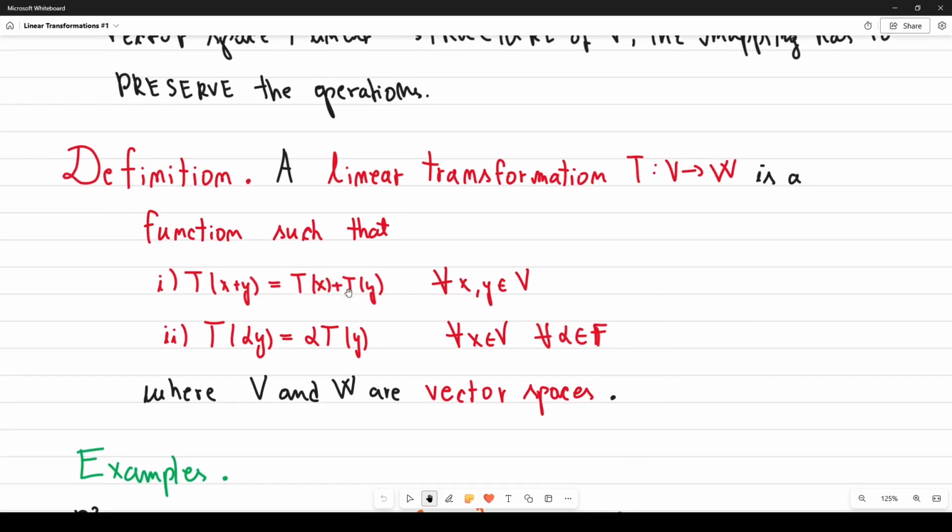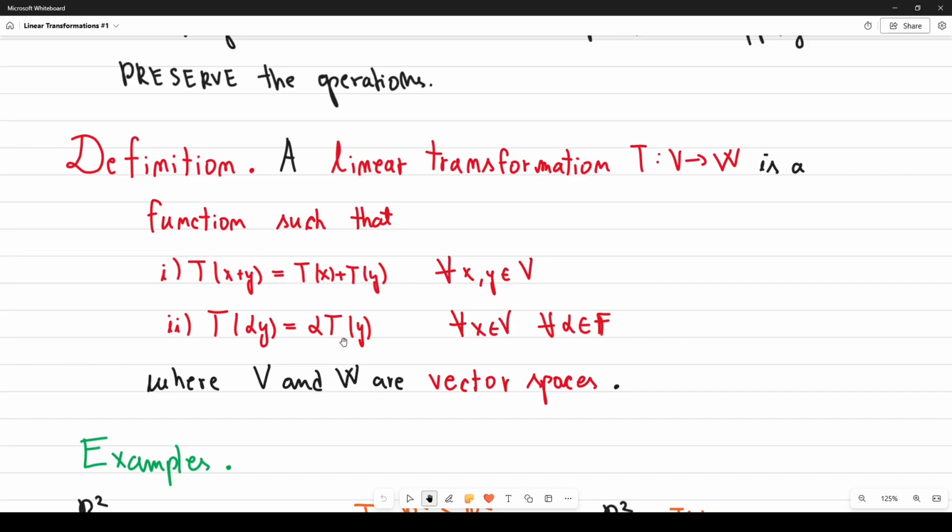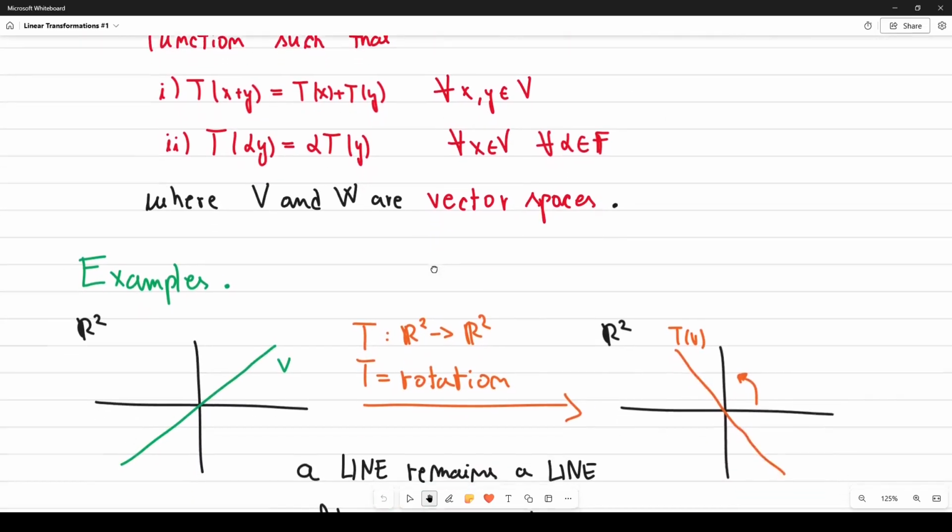So addition is preserved. In the second property, scalar multiplication is preserved. If I take some vector and scale it, stretch it, and map that, it should be equal to the image of the original vector stretched in the other space. This is what it means for something to be a linear transformation.